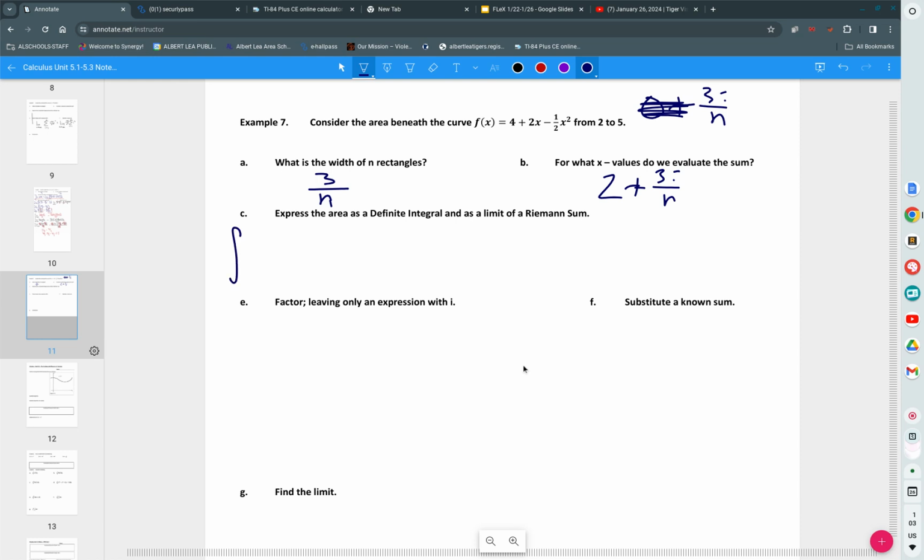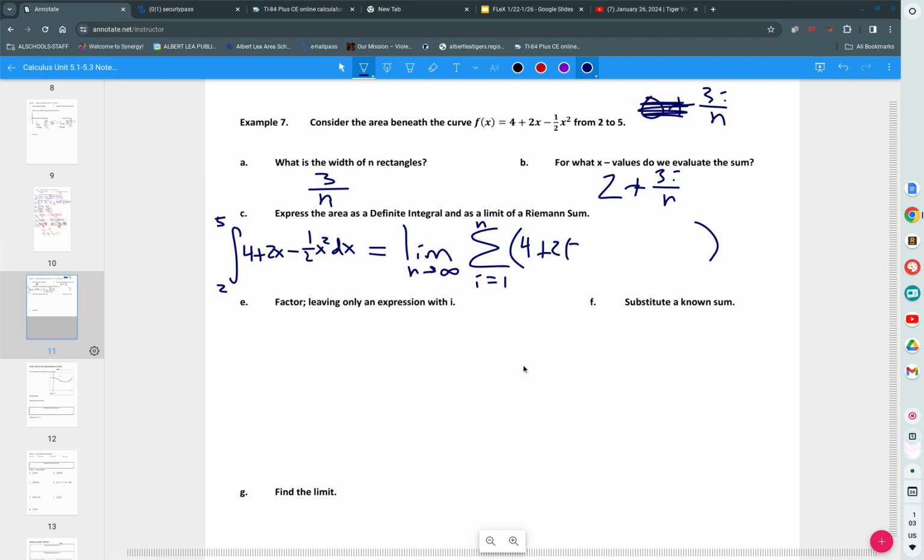So the integral is going to be from what to what? 5. Thank you. 2 on the bottom, 5 on the top. The integral of 4 plus 2x minus 1/2 x squared dx is equal to the limit as n goes to infinity of the sum from i equals 1 to n of, what do I do there? 4 plus 2 times 2, good, I've got to plug all that in.